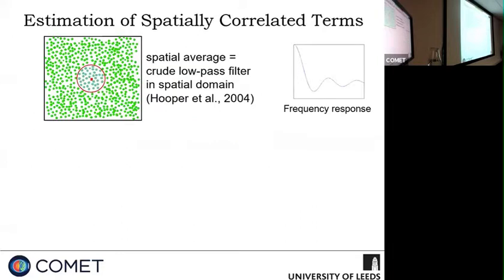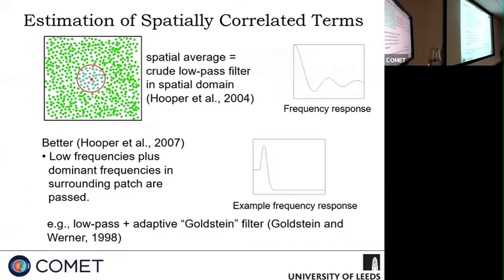How do we do that? We can do that by filtering our interferograms in space. You can filter your interferograms in space, so you do a bandpass filter, look for the long wavelength part of your signal. If you can estimate that reliably, you have your spatially correlated phase.